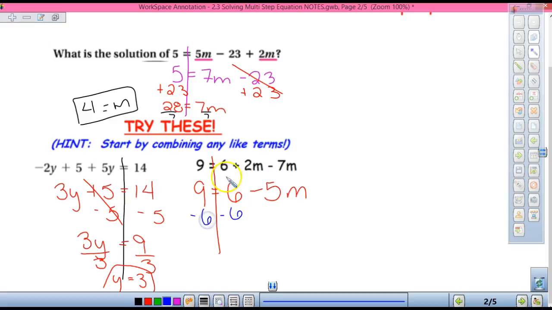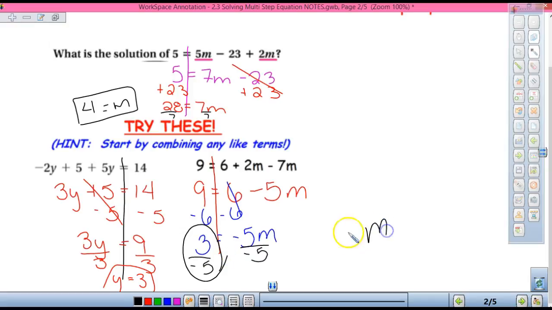So we gotta subtract it. We get 3 equals negative 5m. Now what do I do? Alright. Divide by negative 5. Okay, and we're going to leave this as a fraction. So m equals negative 3/5.